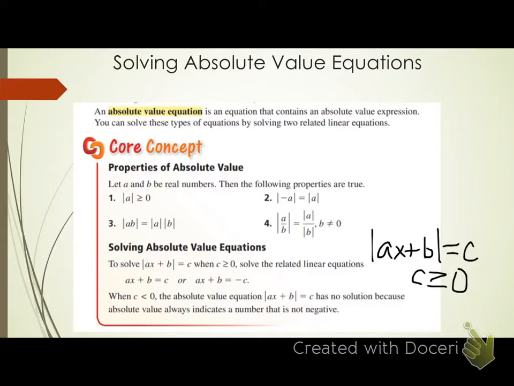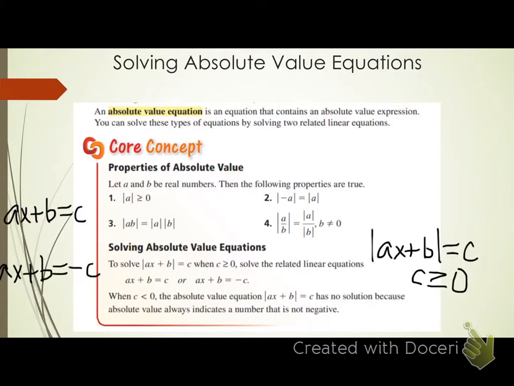Positive or 0 itself. So when C is greater than or equal to 0, I need to solve the related linear equations. AX plus B equals C, as well as AX plus B equals negative C.